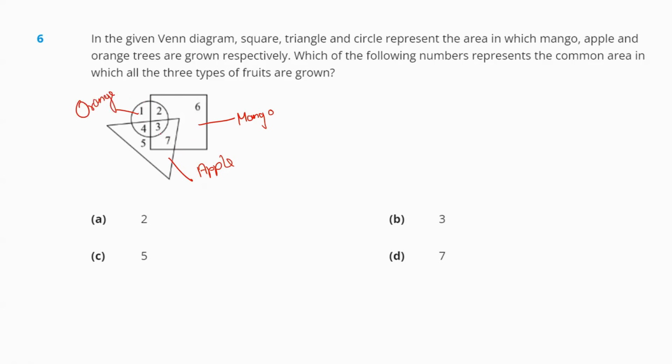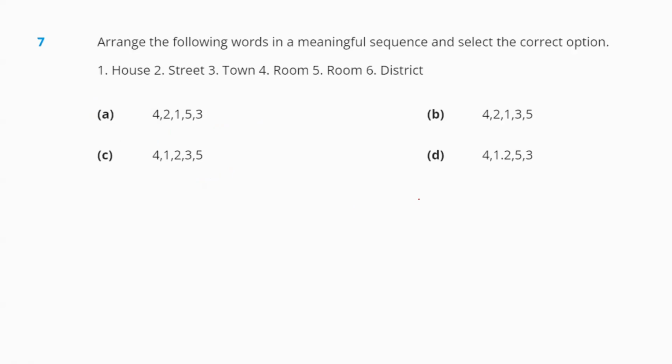We have to find the common area. So if we see, this is covering only the circle and this is the only part in which triangle, circle and square are connecting. So this is our part. So this is 3. So answer B is the correct answer. Moving on to the next question.